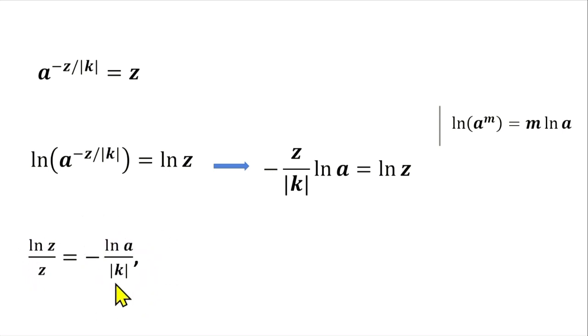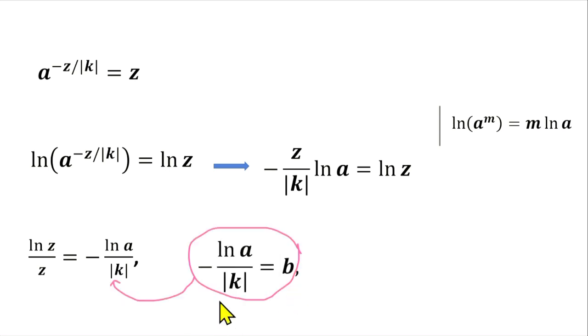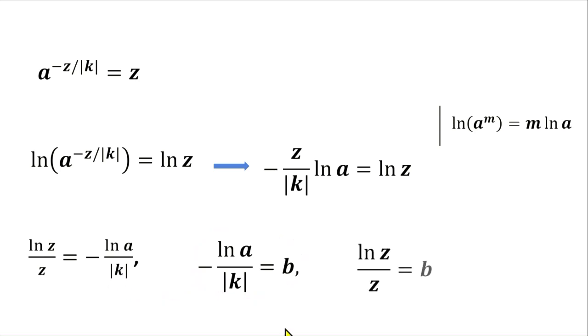The right-hand side is a constant. We replace it with a new constant b, plug in b here, and we will have an equation for z in a very simple form. The number of real roots of this equation is equal to the number of real roots of our initial equation.